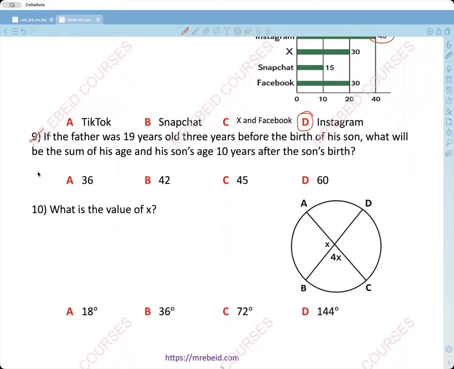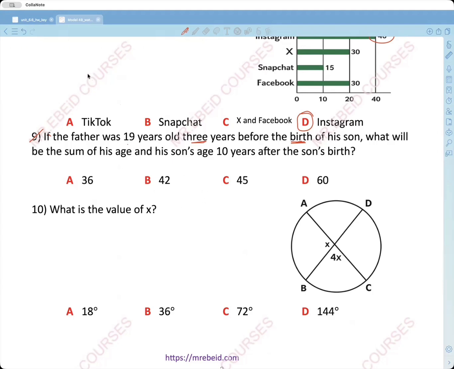If the father was 19 years old, 3 years before the birth of his son, what will be the sum of his age and his son's age after 10 years from the son's birth? So he is 19 three years before the birth of the son, so we just add 3. 19 plus 3 equals 22.